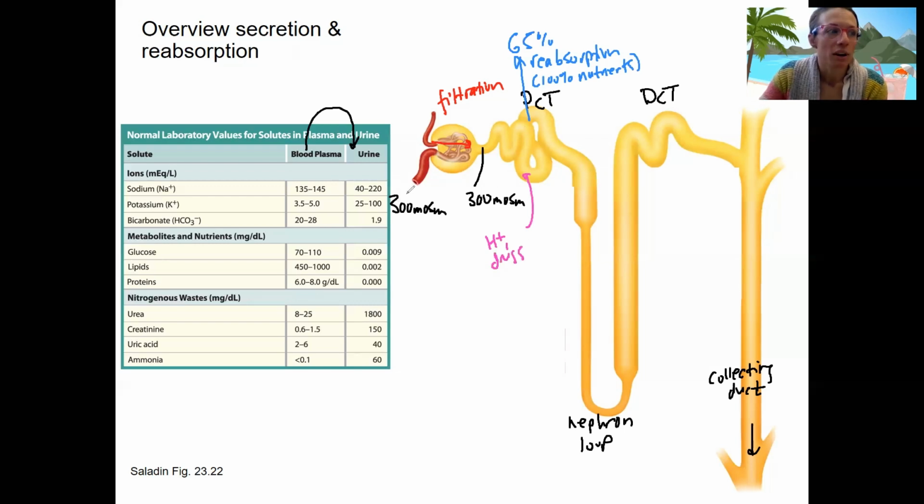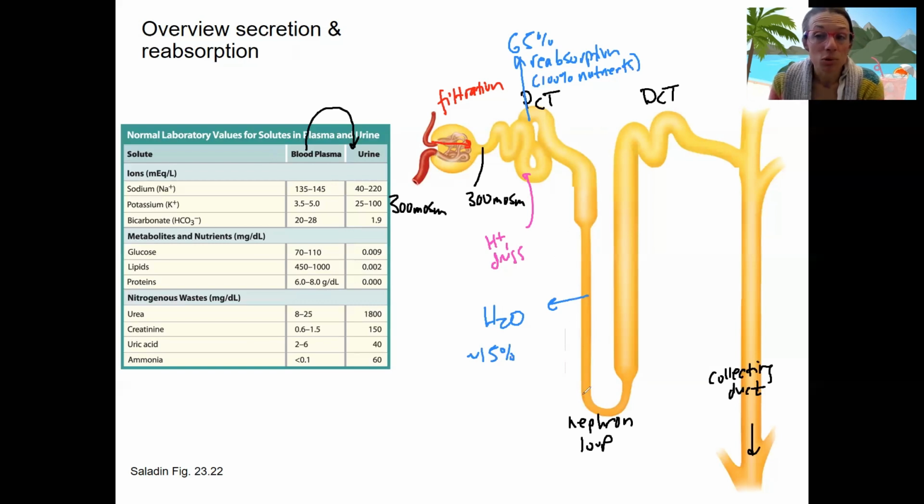Then we're going to go down the nephron loop. As we descend down the nephron loop, water is reabsorbed. So that is going to be this H2O, and about 15% of the water is reabsorbed at this point. Some has already been reabsorbed here, water and electrolytes.